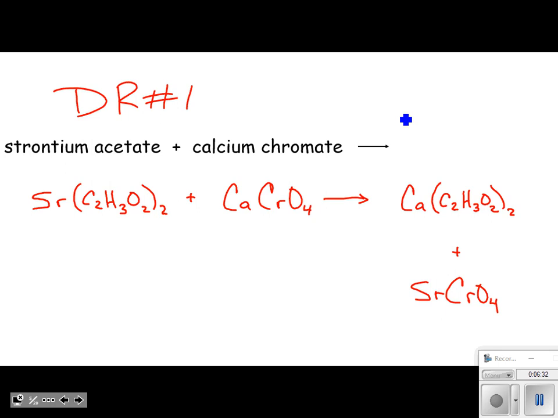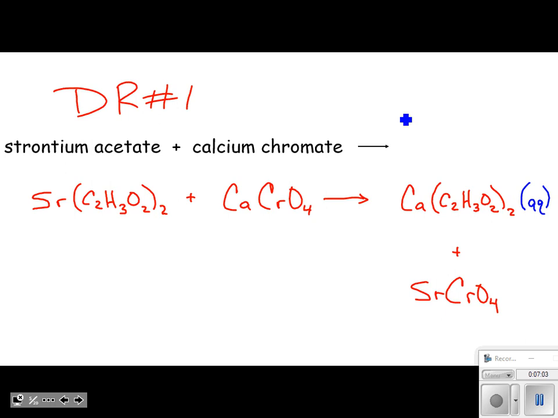The first one I'm going to look at is calcium acetate. What does calcium acetate give me? It says that it is soluble. Since that is soluble, behind it I'm going to put aq because I know it will dissolve in the water. It's aqueous.